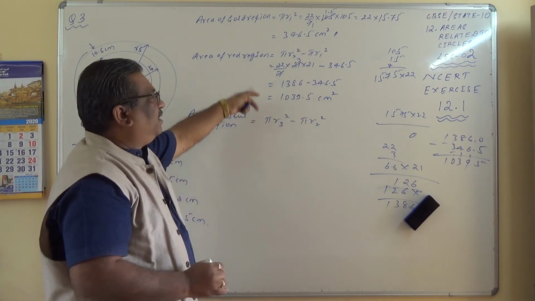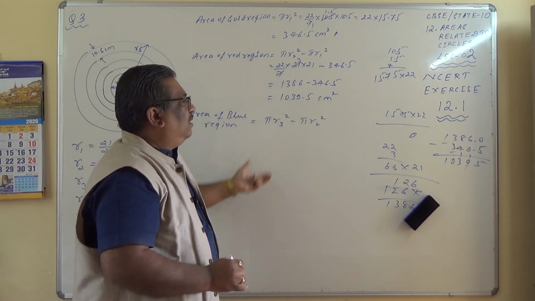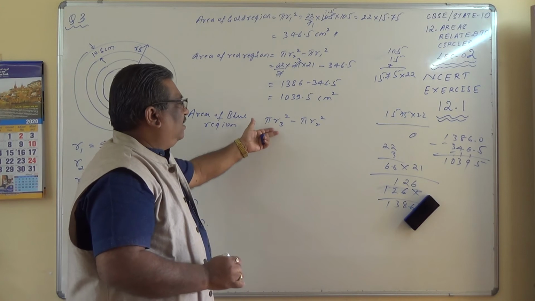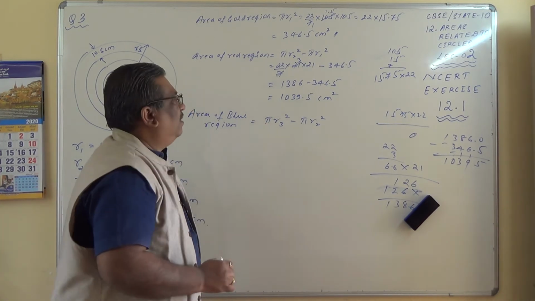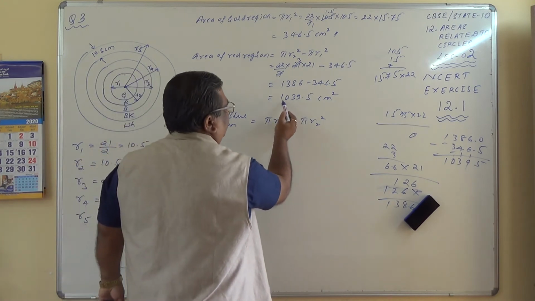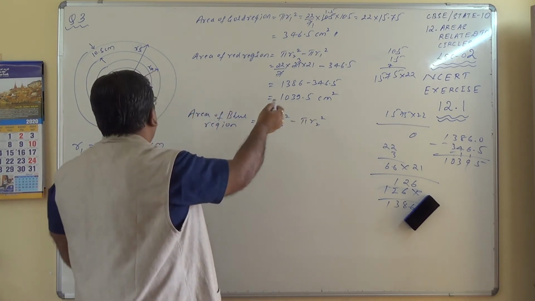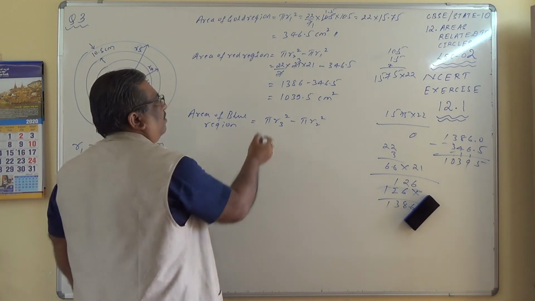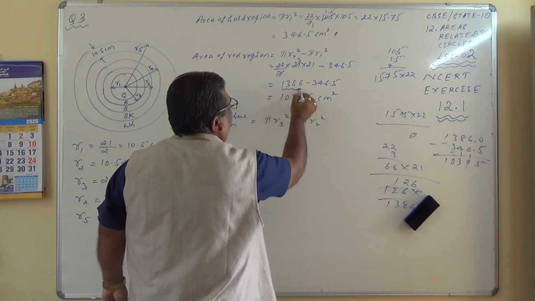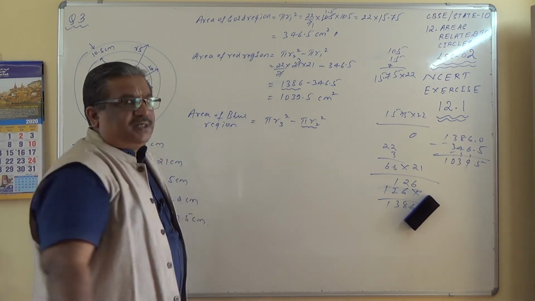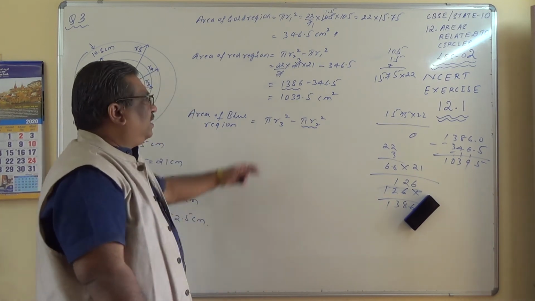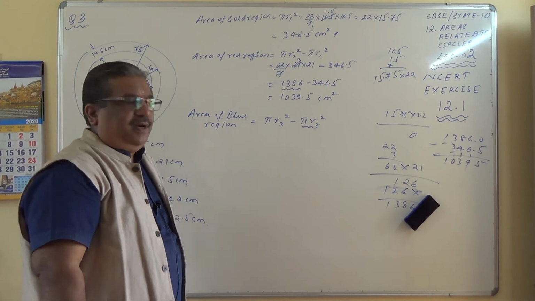If you are getting confused with this value, then what I suggest is directly solve this entirely as a different sum altogether, because you cannot subtract 1039.5 here. It is the area of only the red region, but here pi R2 square is hidden. Are you able to understand here?